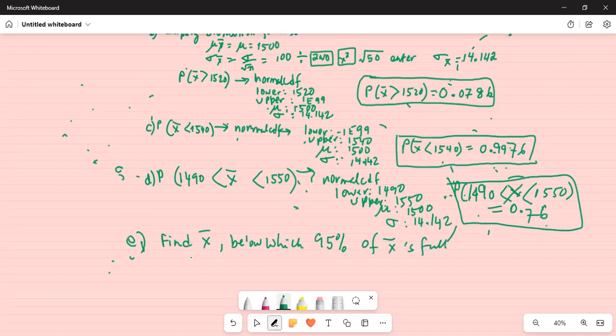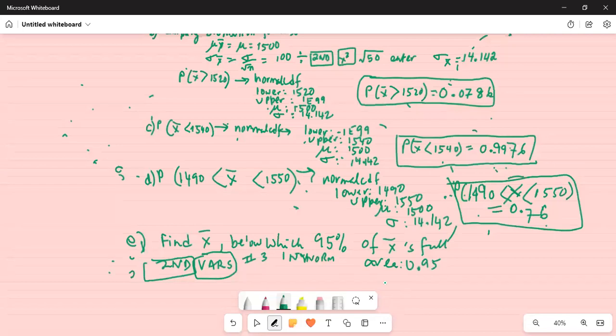Okay. So now in our calculator, we are going to use second button, then vars button, then number 3, which is invNorm. So this is the one we are using, second vars 3. So area is 0.95, because the area on the left of that unknown X bar is 0.95.